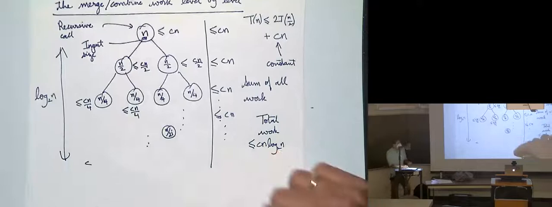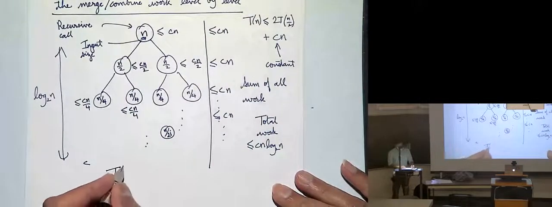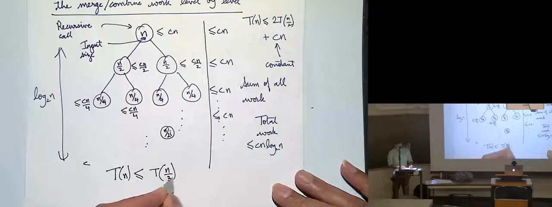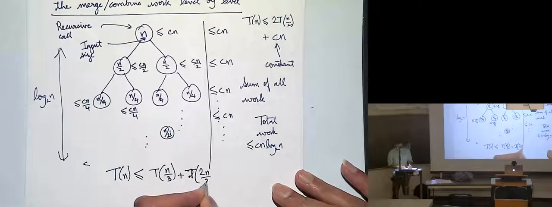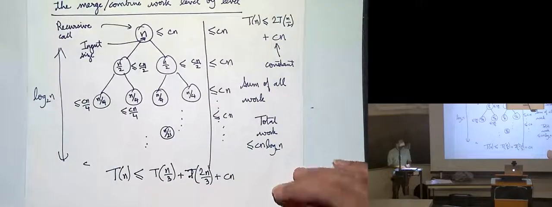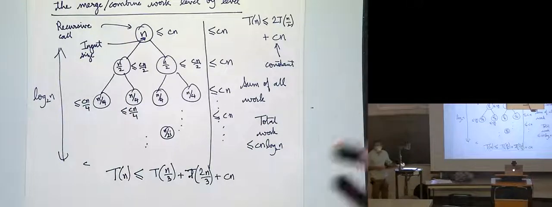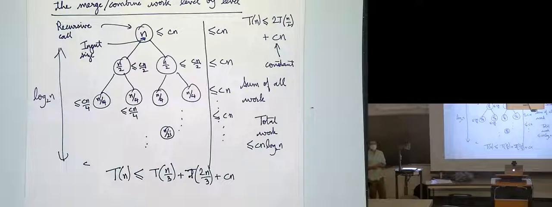Indeed, if I gave you this recurrence, T of n is at most T of n over 3 plus T of 2n over 3 plus C of n, this looks very different. But if you apply this logic, you'll see the same pattern emerge.